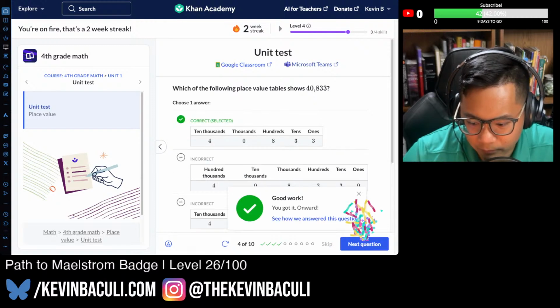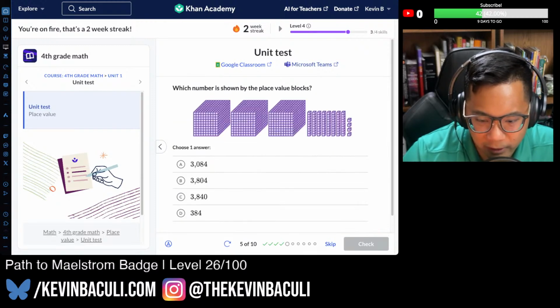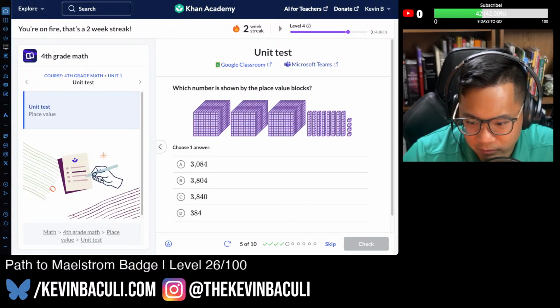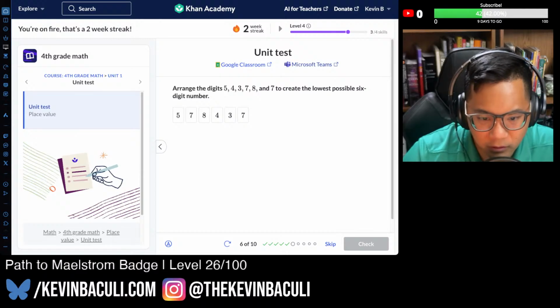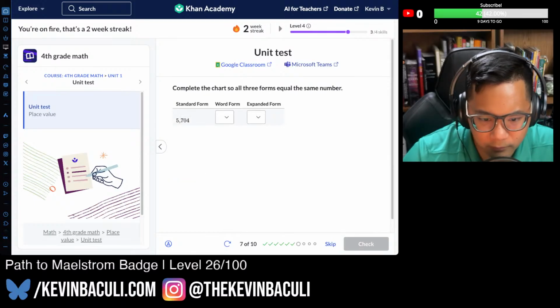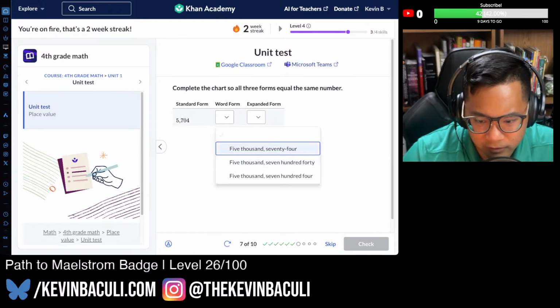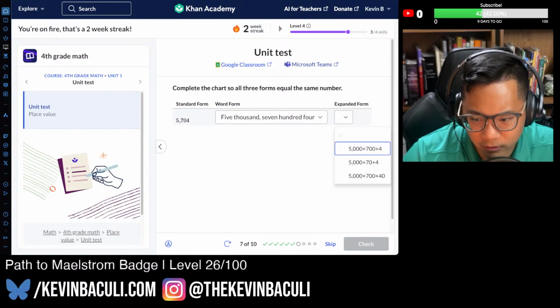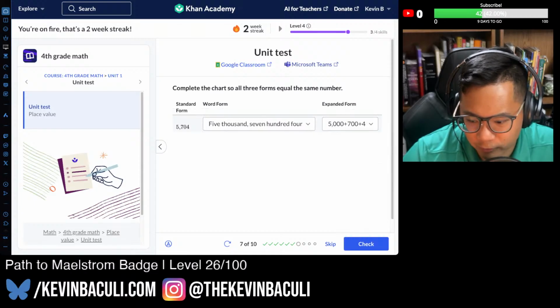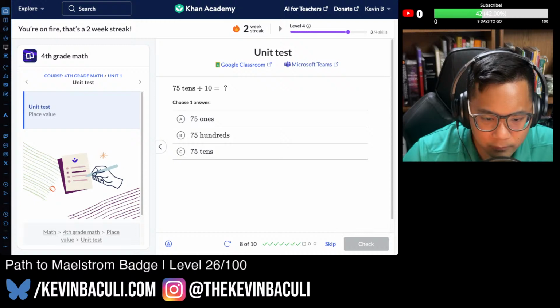Alright, which of these value tables shows 40,000? Okay, these are thousands. So 3,084. Arrange to create the lowest possible 6-digit number. 5,704. Yep. 750.